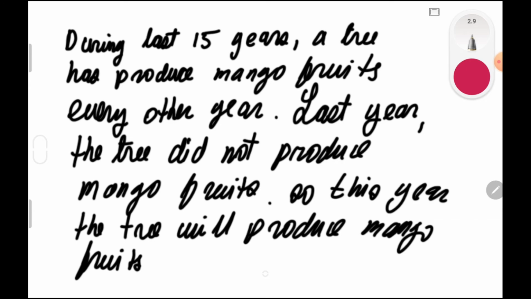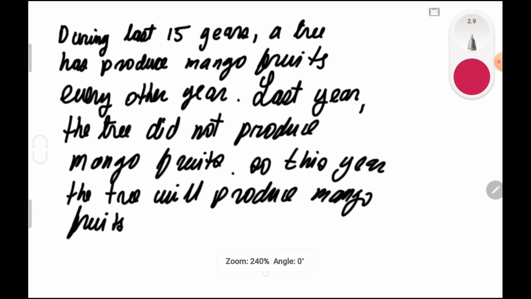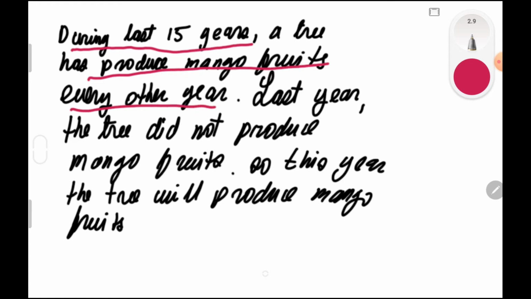Okay? So, mapapansin nyo dito guys na during the last 15 years, ito yung tawag, ito yung events. Okay? So, for that 15 years, daw paulit-ulit na yung tree will produce mango fruits every other year.